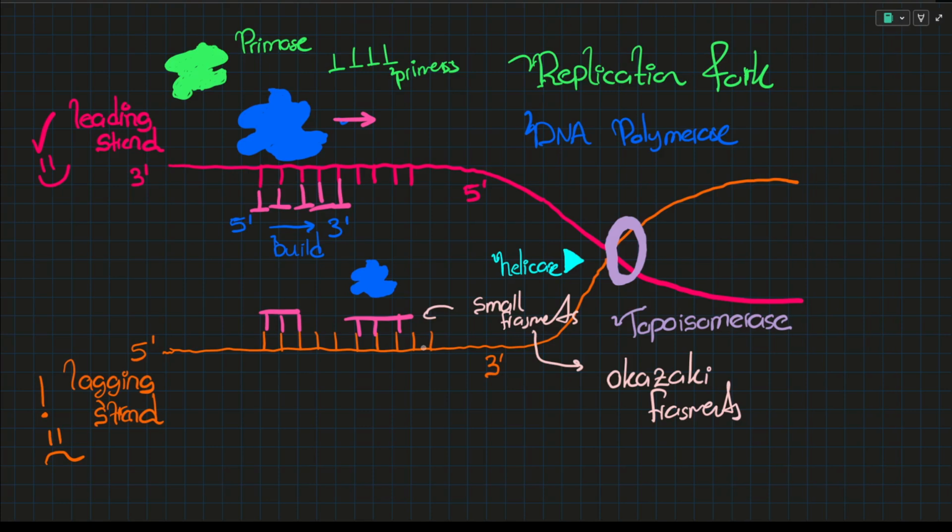Alright, now there's a problem. The leading strand is fine. We can continuously synthesize the leading strand without any gaps, without any issues. But here we have gaps. Who's going to help us fill these gaps? To fill these gaps, we have another special enzyme. It is known as DNA ligase.